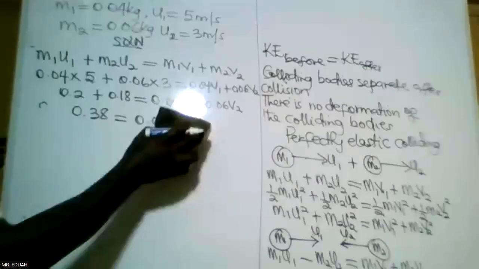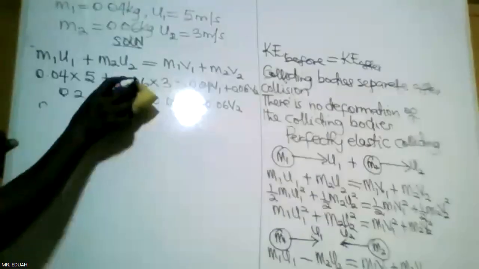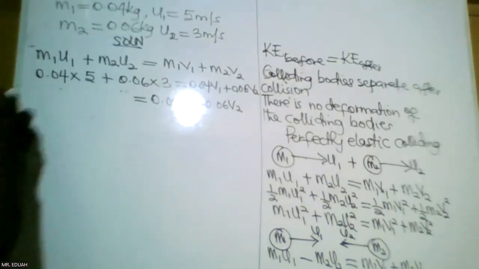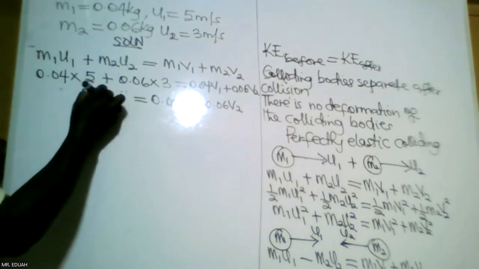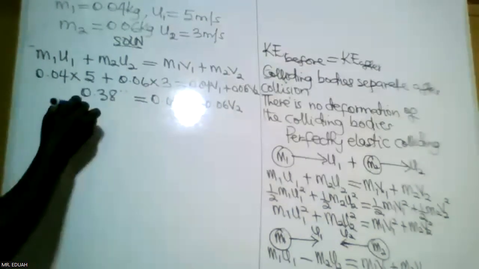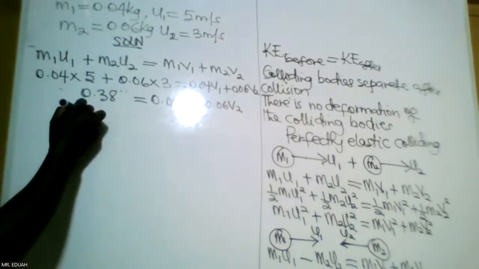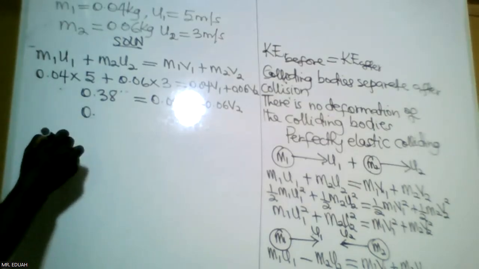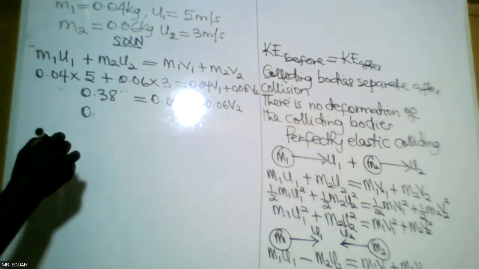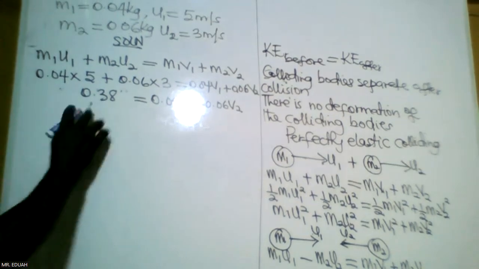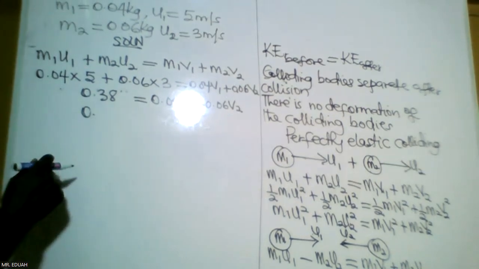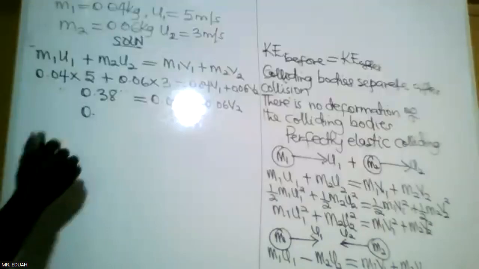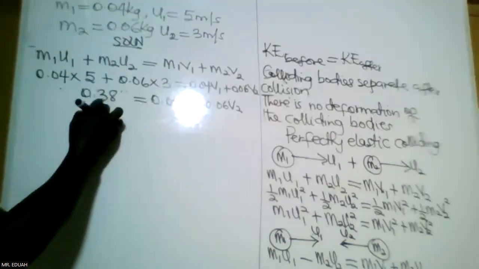Let's divide through by 2. Divide through by 2. 0.19.